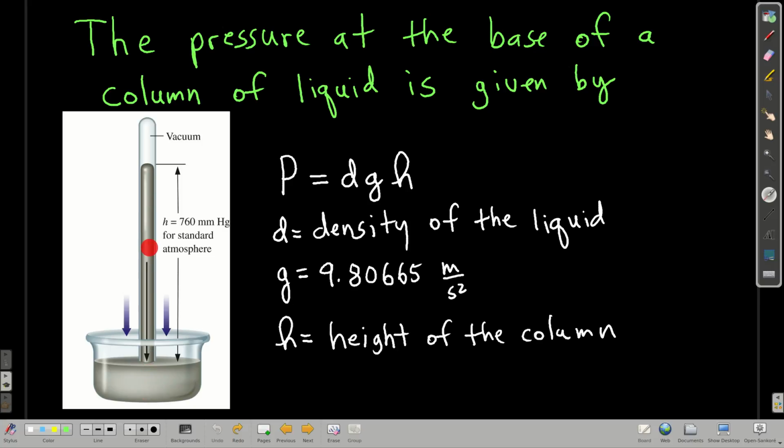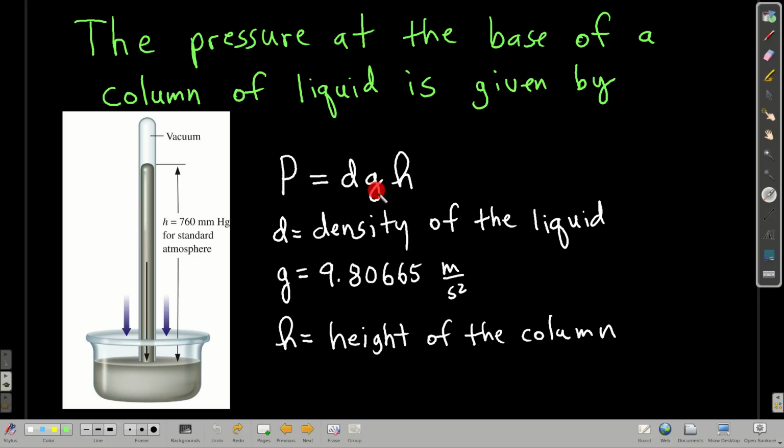And the higher this column of mercury goes, the greater the pressure it exerts at the base of its column. And you reach a point where the pressure exerted by the column of mercury exactly balances the pressure of the atmosphere. At that point it stops moving, which means that the height of a column of mercury in this setup here is a measure of pressure.